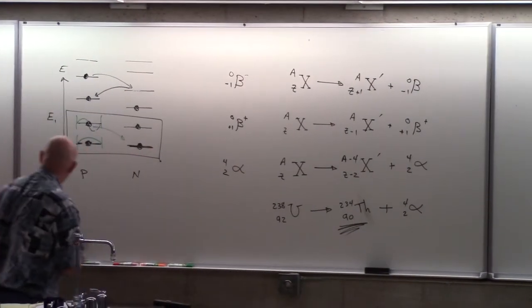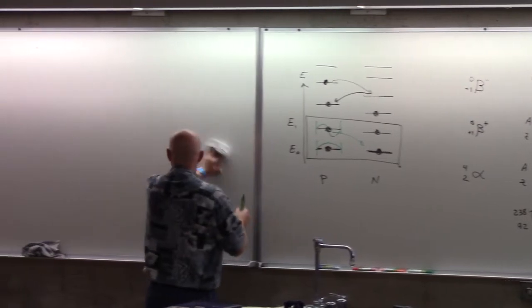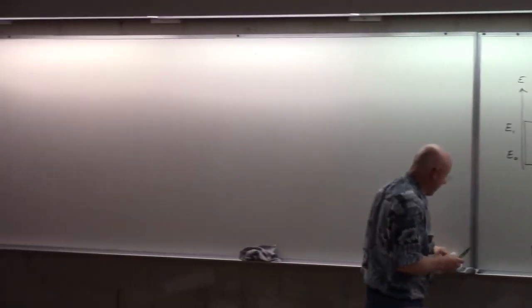In other words, the electron is still an electron. The electron didn't change into anything fancy. Nothing came kicking out other than the energy associated with a photon, and that's what the gamma decay is.